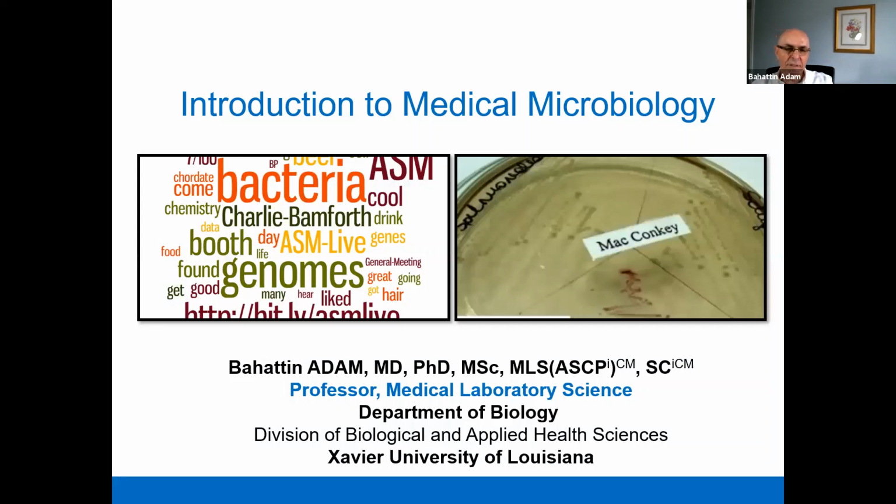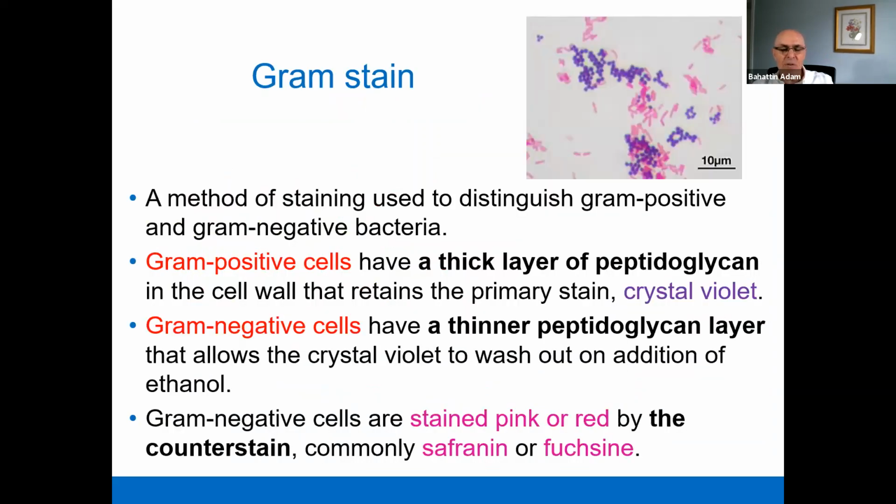Of the step. And as you remember, I was talking just about Gram stain. Gram stain is the most common technique that we are using in clinical microbiology to distinguish gram-positive and gram-negative bacteria.